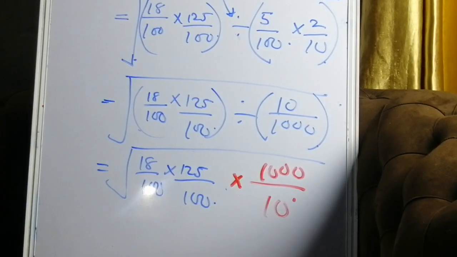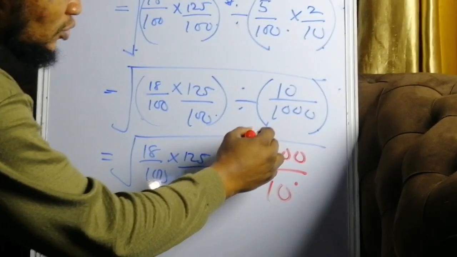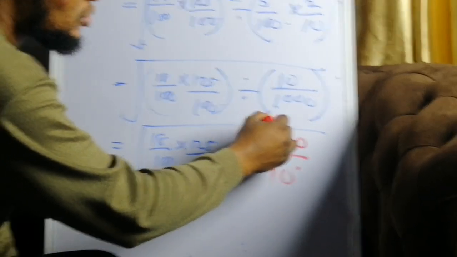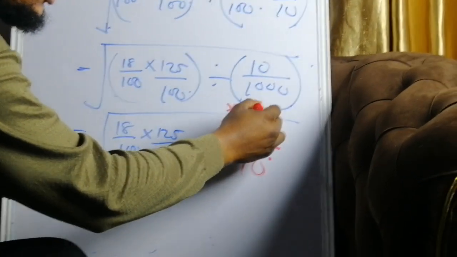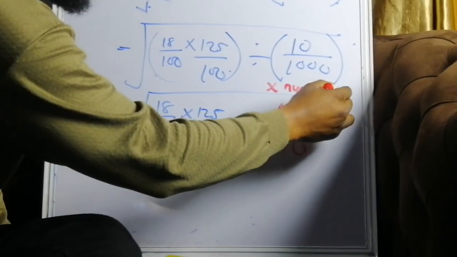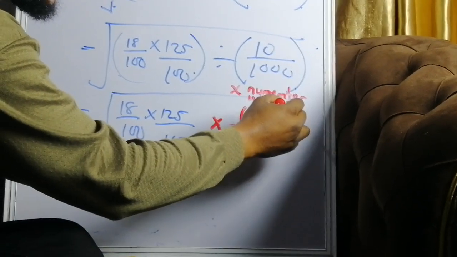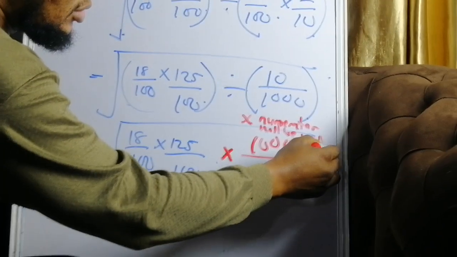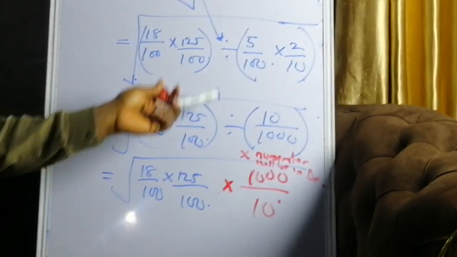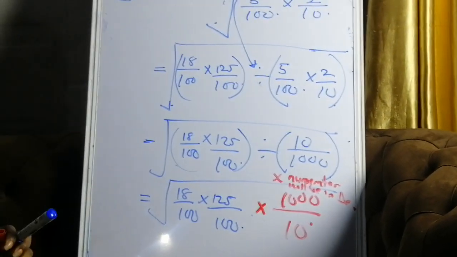Don't forget to change to times. If you want to change it to times, the numerator will change to denominator, and the denominator will be in the numerator. That's just the principle.